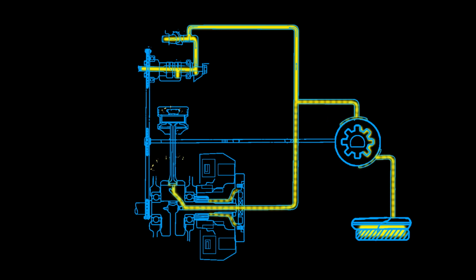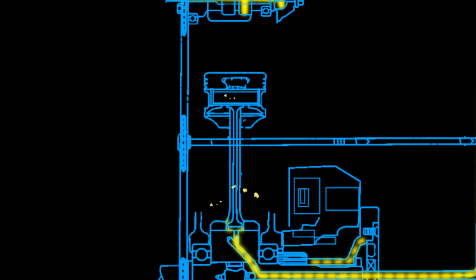The oil then travels through the centrifugal oil filter and oil passages built in the crankshaft to lubricate the big end bearing. The oil comes out of the hole in the connecting rod and lubricates the crankshaft bearing, piston, cylinder, and so on.